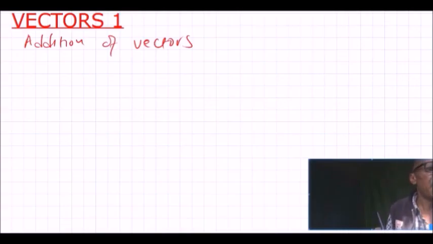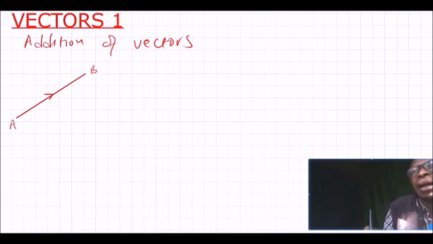Now we can add two vectors. So we can have, let's say, a vector here. So that's a vector, and we can call it vector AB. It shows the direction and the magnitude. So that is vector AB.